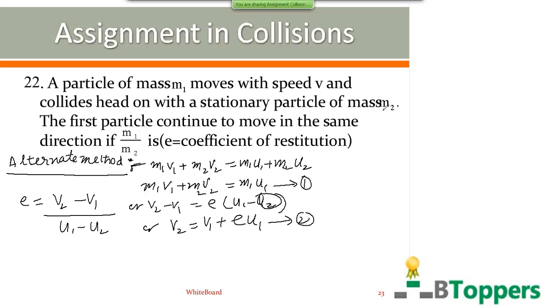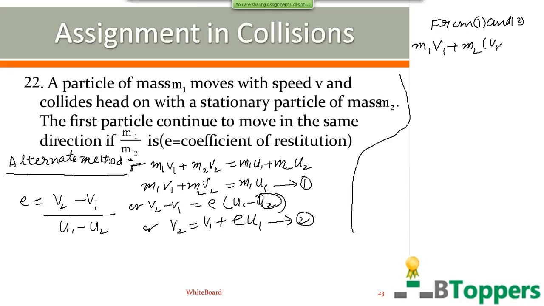So we can substitute the value of v2 from the second equation into the first equation. So m1 v1 plus m2 into v1 plus e u1 equal to m1 u1.